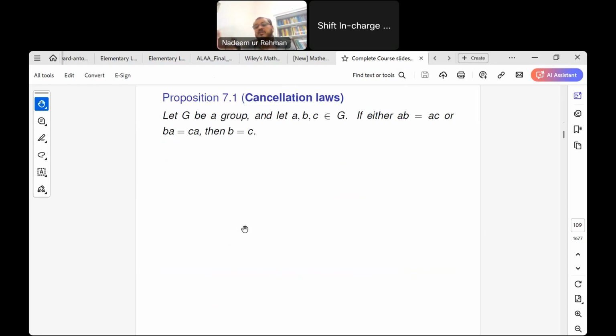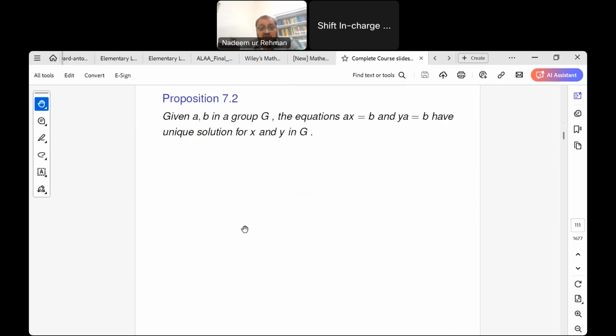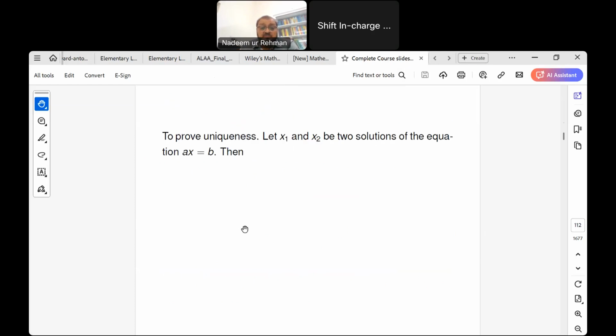We also discuss some other properties like the cancellation law; both left and right cancellation laws hold in a group. If G is a group and ab equals ac, then b equals c; or ba equals ca implies b equals c. One more property is that the equation has a unique solution.